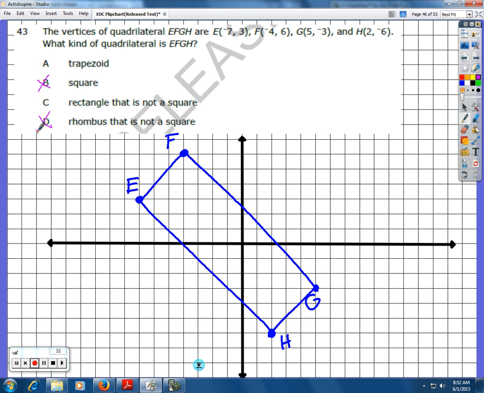So for a trapezoid, the definition is that you have two parallel sides. All right, so two parallel sides and two non-parallel sides.